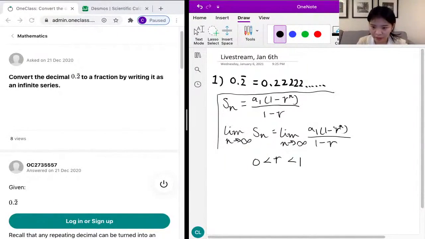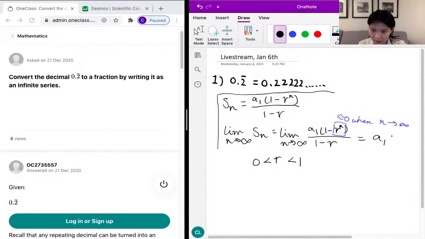So this term is approximately 0 when n tends to infinity. So 1 minus approximately 0 is just 1.